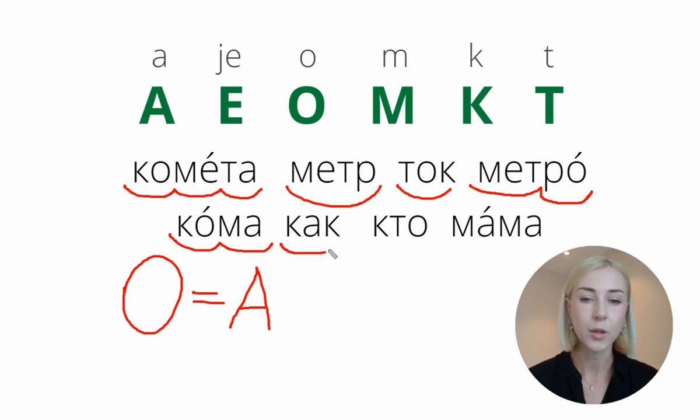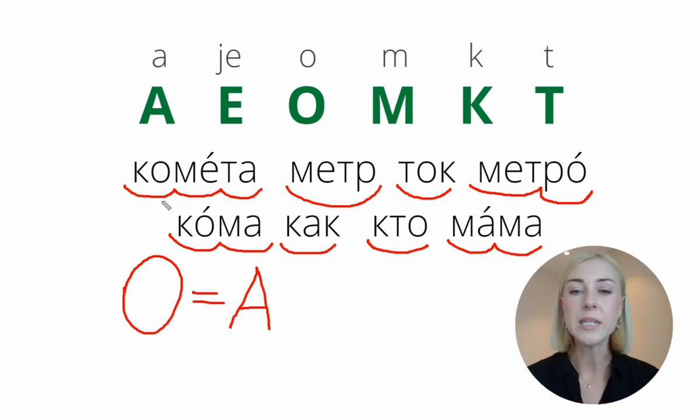Great. One syllable. Как. Как. Great. Кто. Кто. Okay. Here we have two syllables. Мама. Mama. Well done. Now I'm gonna read these words and I ask you to repeat after me.